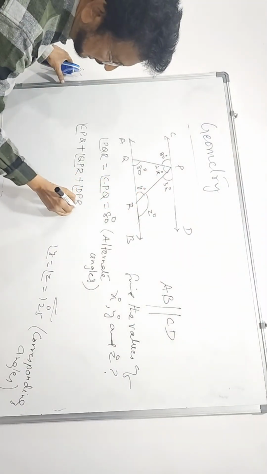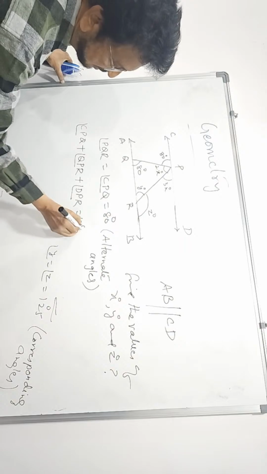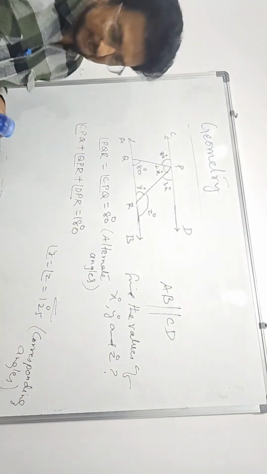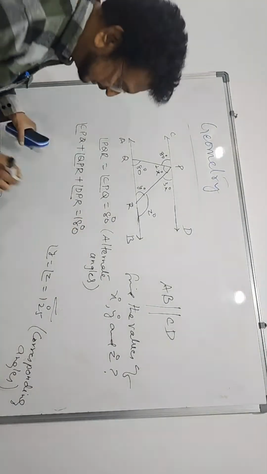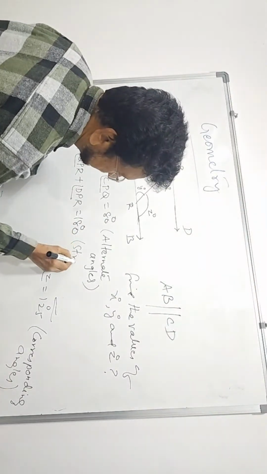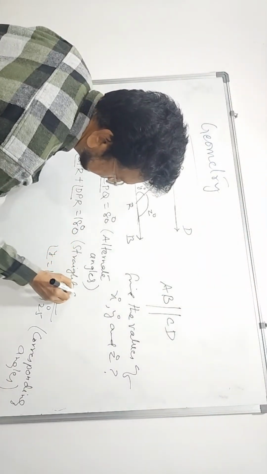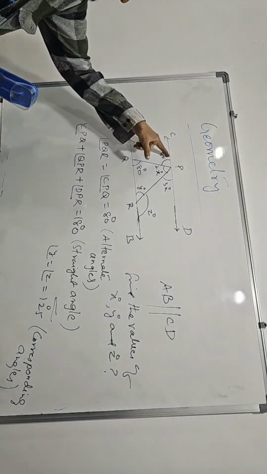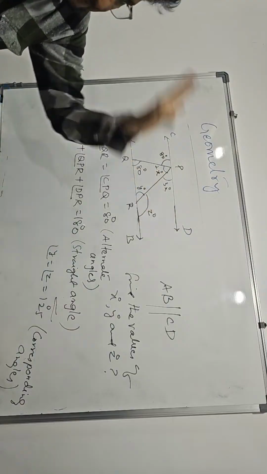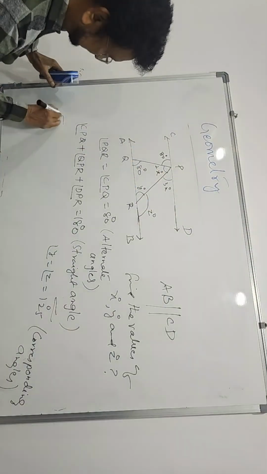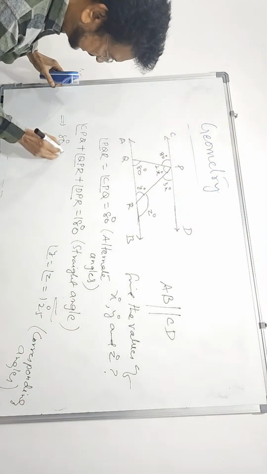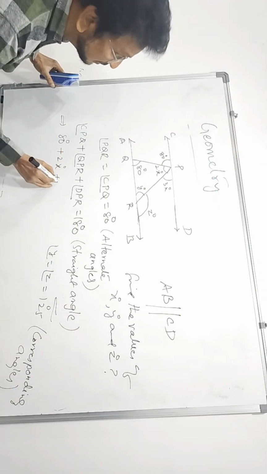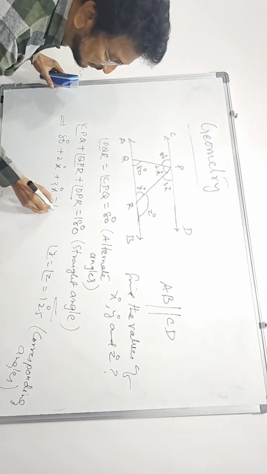All these three angles must be equal to 180 degree. Why? Straight angle. Angle on straight line is always 180 degree. Therefore, 80 plus 2x plus 3x must be equal to 180. Same I am writing. 80 degree plus 2x degree plus 3x degree is equal to 180.